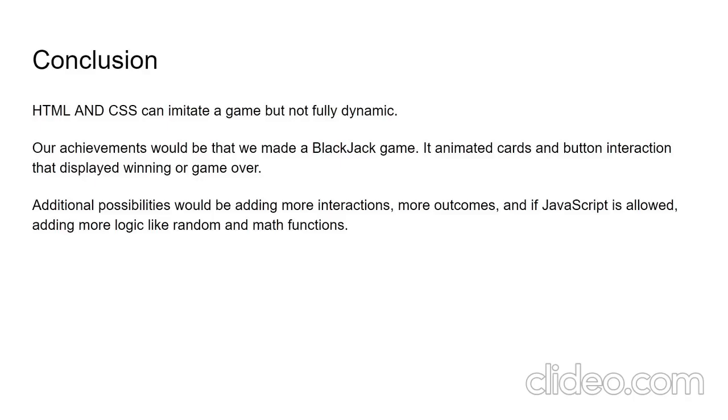Some future possibilities that we could look into are adding more interactions, meaning different cards are picked, maybe different screens are added, such as a stalemate, and if something like JavaScript were permitted, it'd be nice to be able to add actual logic to allow for random selection of cards as well as button functionality without having to use multiple pages as a trick to play animations as necessary.